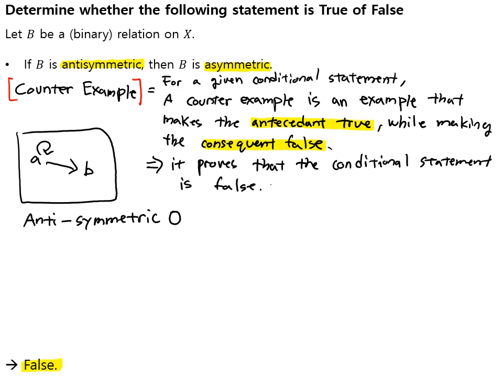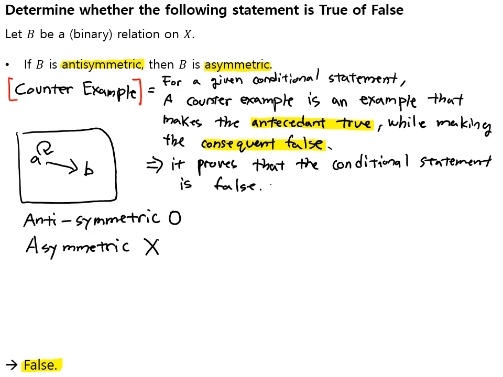However, this is not asymmetric. And why is it not asymmetric?